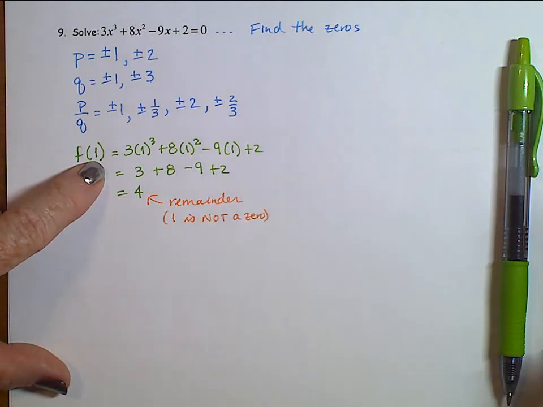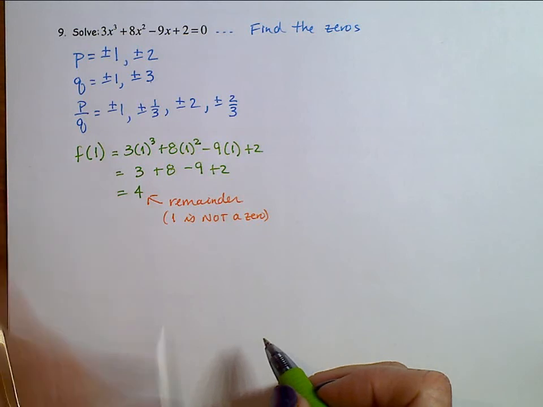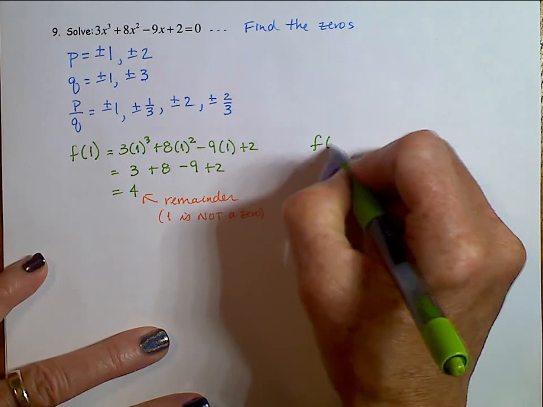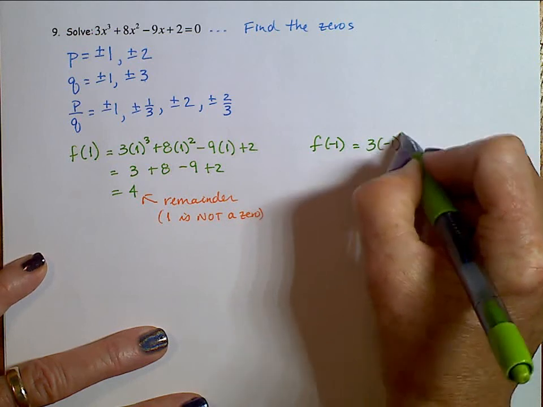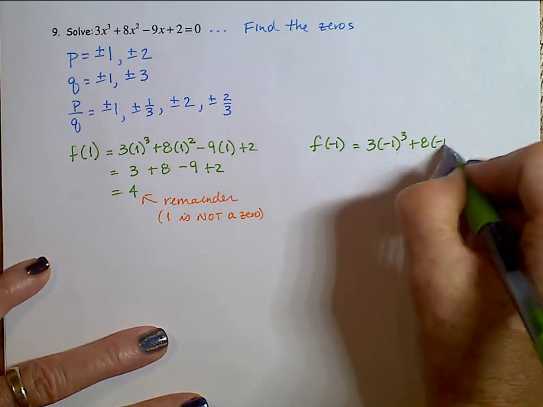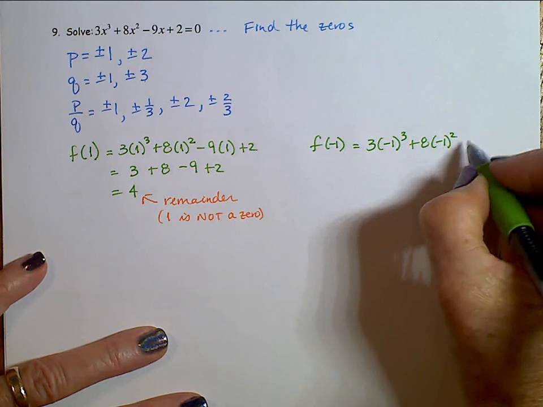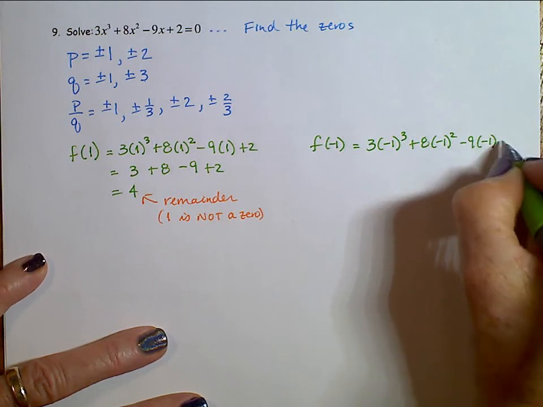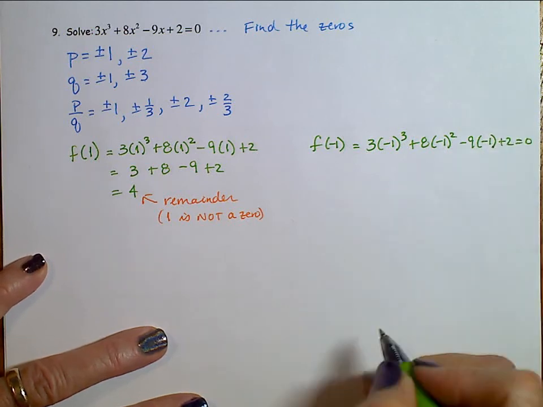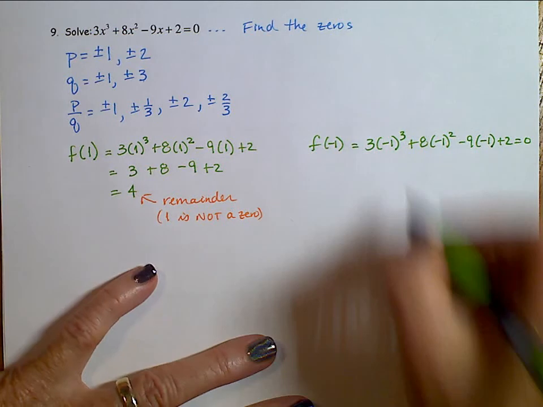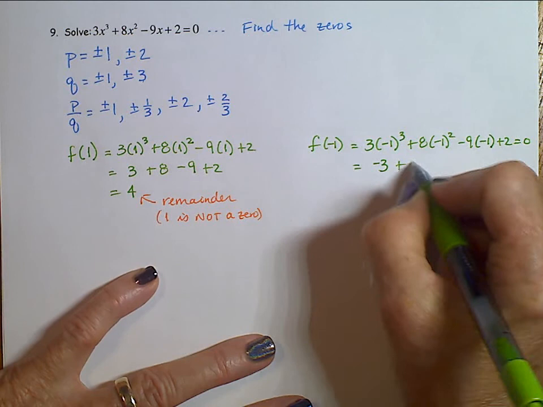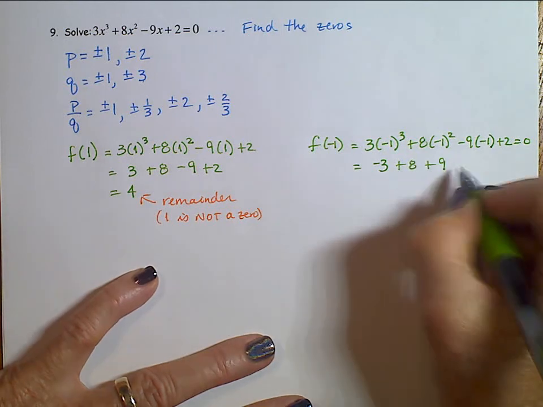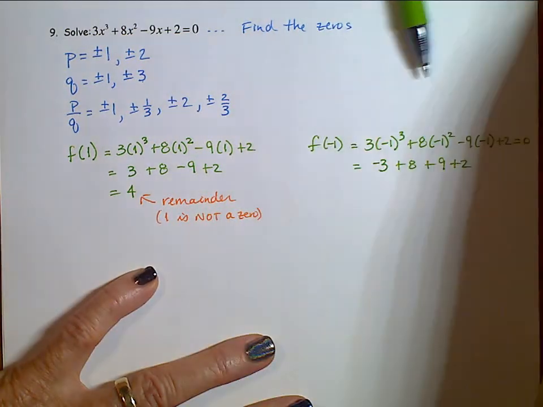All right, let's check negative 1. F of negative 1 is 3 times negative 1 cubed plus 8 times negative 1 squared minus 9 times negative 1 plus 2. This is going to be negative 3 plus 8 plus 9 plus 2. Oops, we don't know that that's equal to 0.